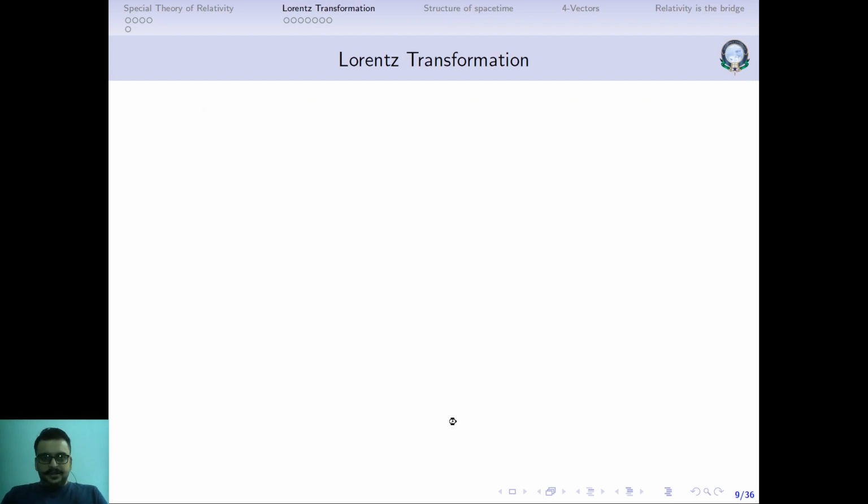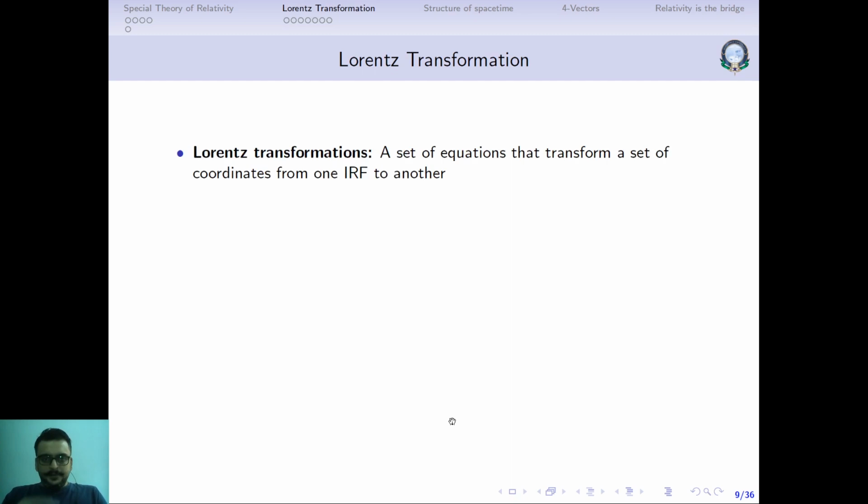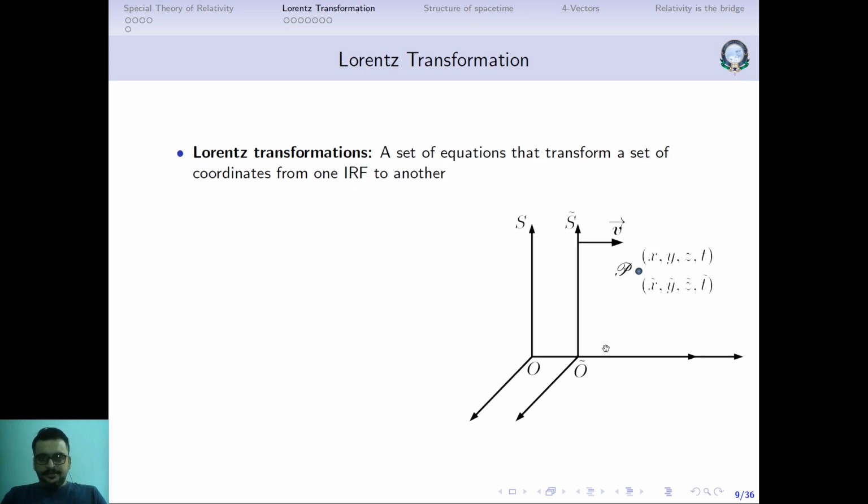Okay, so Lorentz transformations, what are they? It is basically a set of equations that transform a set of coordinates from one inertial reference frame to another. So let's say I have one frame, the stationary frame S, and I have a moving frame S tilde, which is moving with a velocity v with respect to the stationary frame.